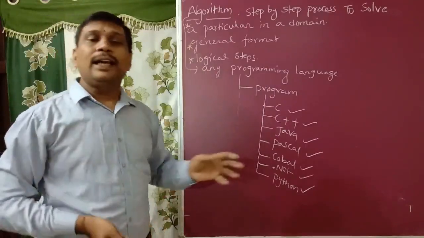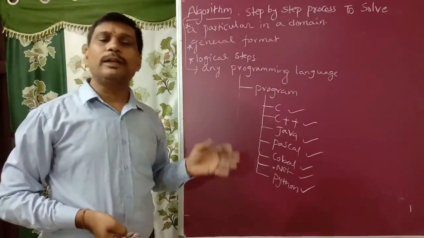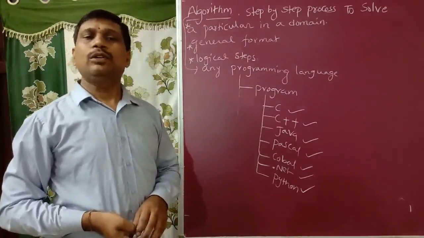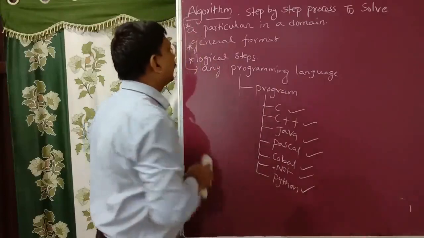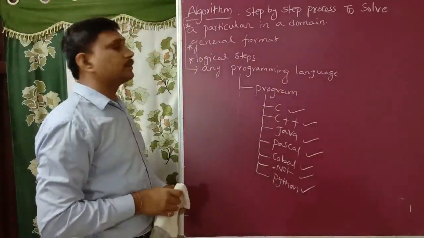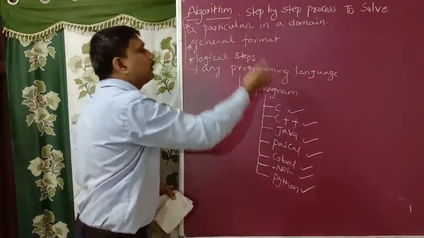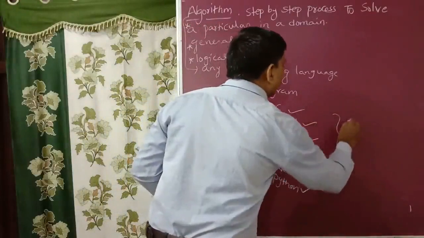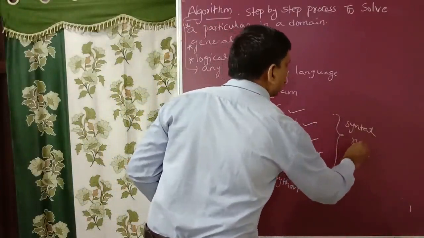First we write algorithms in a step-by-step process to solve a particular problem related to a particular domain. After that we convert these logical steps, in general format, according to our C language syntax. We follow different syntax, meaning rules.